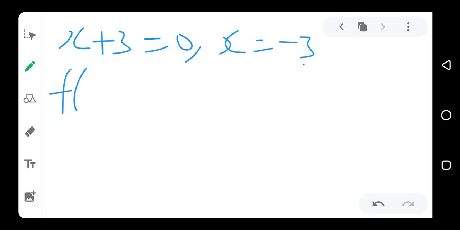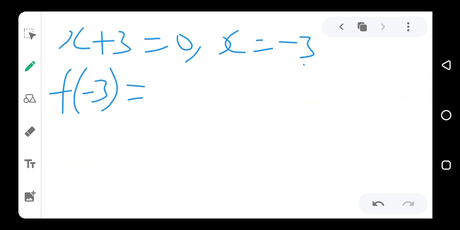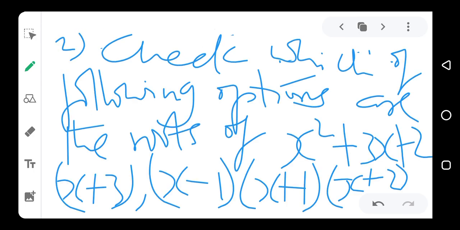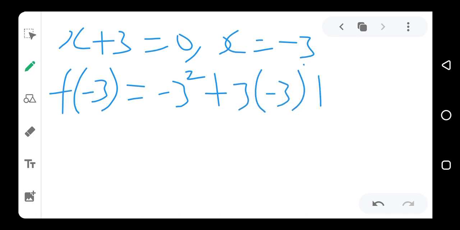So function of x when x equal to minus 3 is equal to x squared plus 3x plus 2, that is minus 3 squared plus 3 bracket minus 3 plus 2.